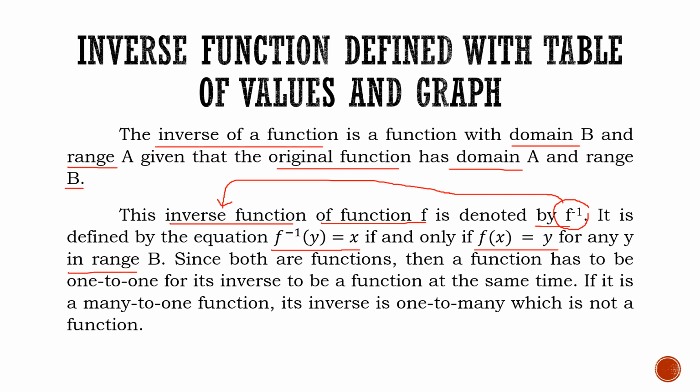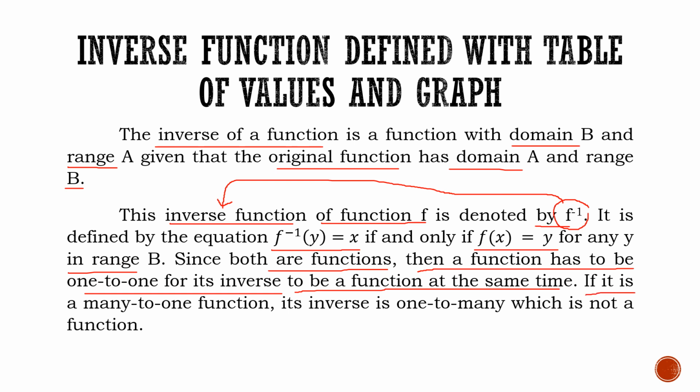Since both are functions, once we take the inverse function of a one-to-one function, the resulting value must be a function. A function has to be one-to-one for its inverse to be a function at the same time. So we really need to check if the given function is a one-to-one function, because only a one-to-one function has an inverse function.